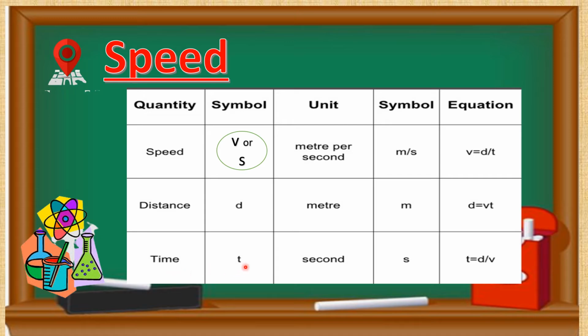What is the symbol for time? It's letter T. The unit for the answer when we get the time is second, and the symbol is letter S. So time is equal to D divided by V, or D divided by S, or time is equal to distance divided by speed.